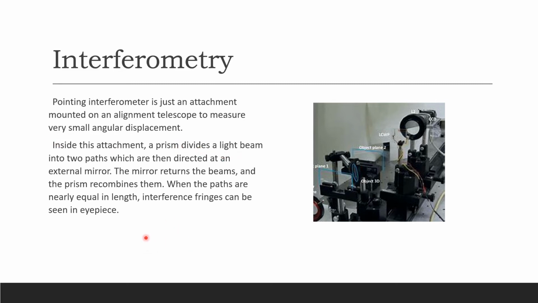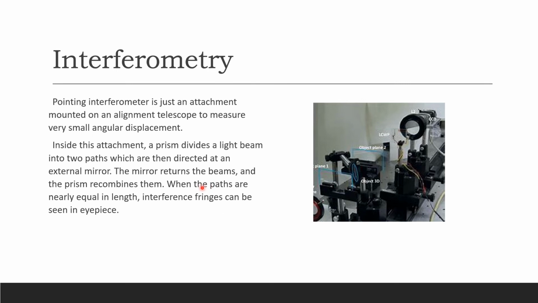Every time we use a prism, we're breaking the light. The light passing through splits into two parts, which are then directed at an external mirror. The mirror traps the light coming out from the prism and sends it back to where you want it to go.